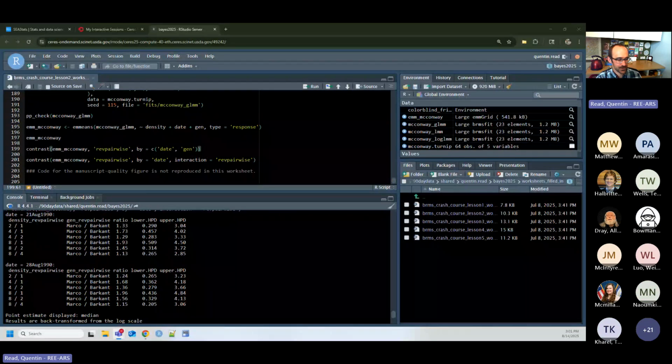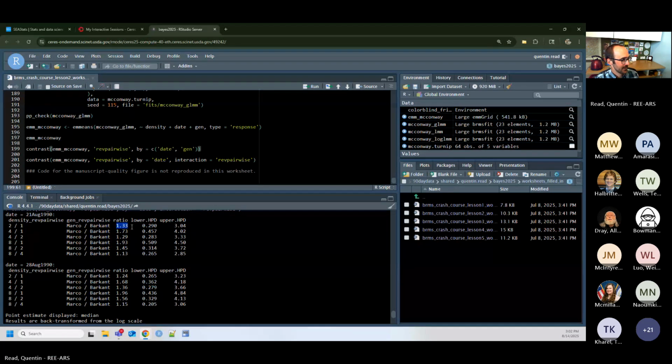I'm saying that just to start out with, but you can generate hypothesis tests with something that resembles a p-value and apply thresholds to it if you want to. So let's go back. I'll share my screen again. Basically, here we have: is there a difference of density effect between the genotypes? This ratio is how much stronger Marco responded to a change of density between 2 and 1 versus Barkant.